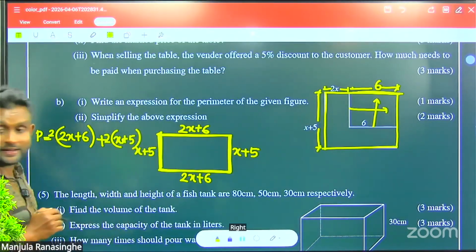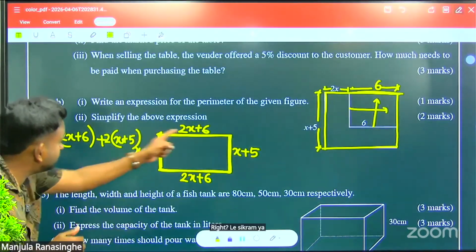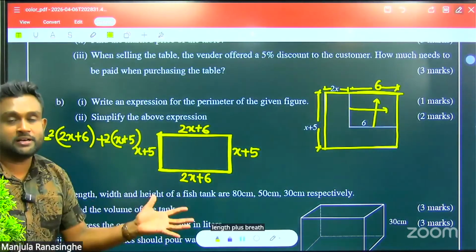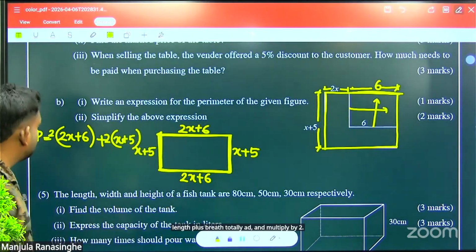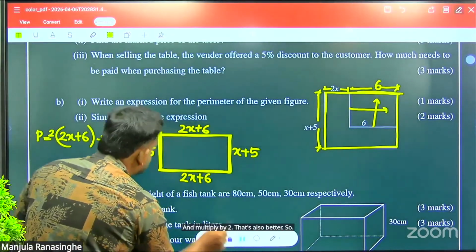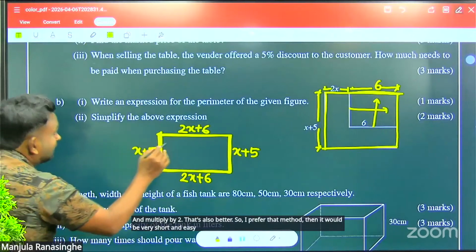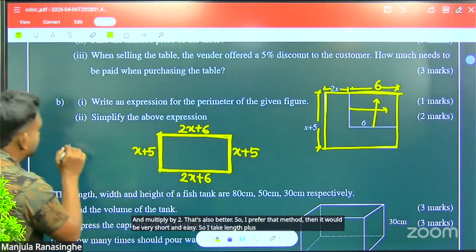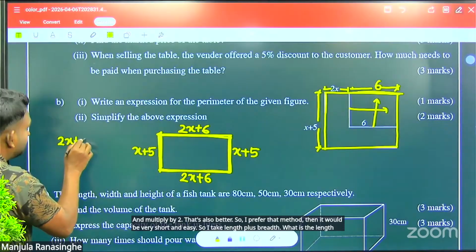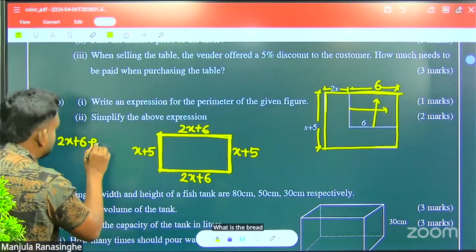That is one easy method. Otherwise, you can add length plus breadth totally and multiply by 2. That's also better. I prefer that method, then it would be very short and easy. So I take length plus breadth. What is the length? 2x plus 6. What is the breadth? x plus 5.